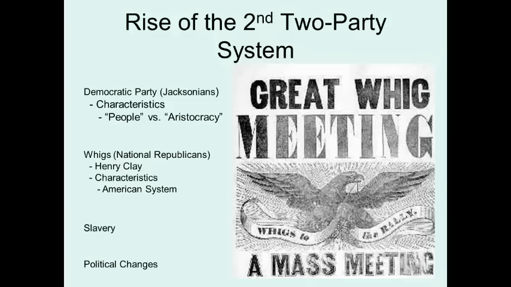So the Democratic Party had some unique characteristics. First, they were nationalistic and wanted to keep the federal government small. They truly did believe that they were the heirs of Jefferson, and Jefferson was all about small government and farmers.